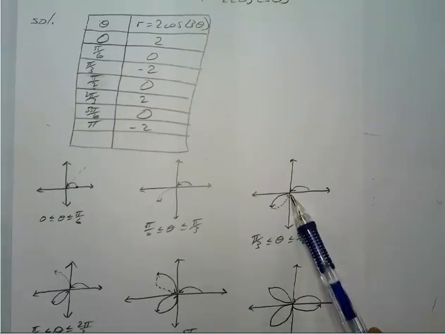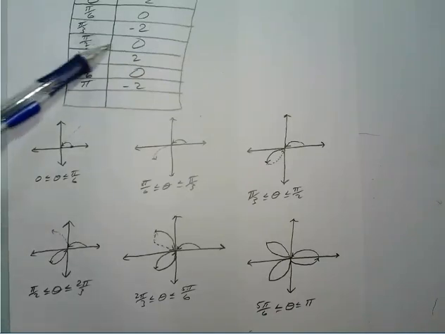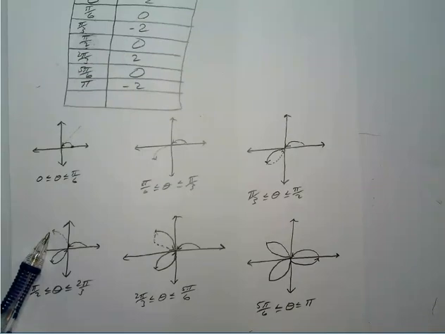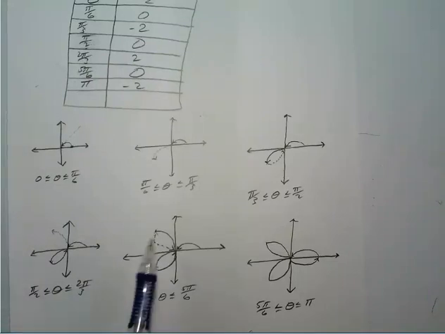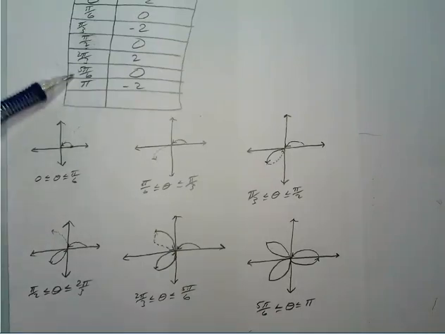And then from pi over 2 to 2 pi over 3, that took us from a radius of 0 to 2. Okay, then we went from 2 pi over 3 to 5 pi over 6, which took us from a radius of 2 right back to a radius of 0. Then we went from 5 pi over 6 to pi, which gave us a radius of negative 2.